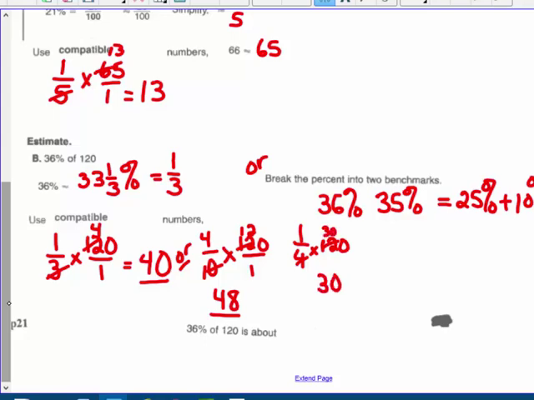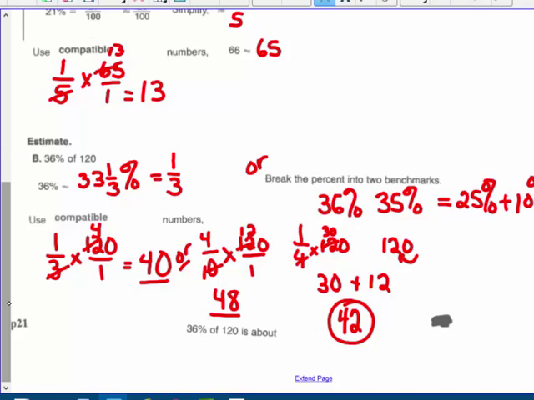And the 10% I know is the same thing as dividing by 10, right? A tenth, so I can move the decimal back one. That would be 12. So this estimate would be about 42. So I'm getting 40, 48, and 42 as estimates. We all estimate a little bit differently. How we round or think can be a little bit different. It's not an exact answer.